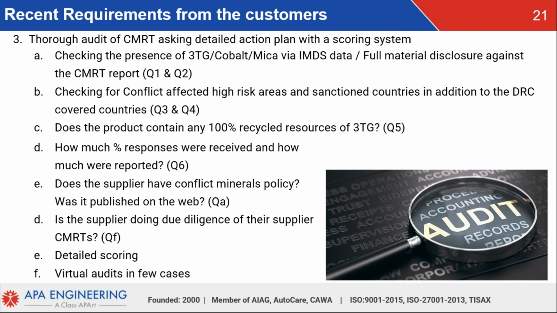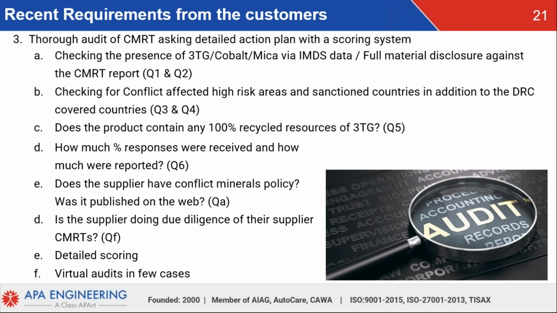The first one is checking the presence of 3TG or cobalt or mica via referring to the IMDS data, full material disclosure. This can be done for question number 1 and 2. If you answer yes for 3TG, they will check in IMDS data for the accuracy, based on which they can come back in case there is a discrepancy.